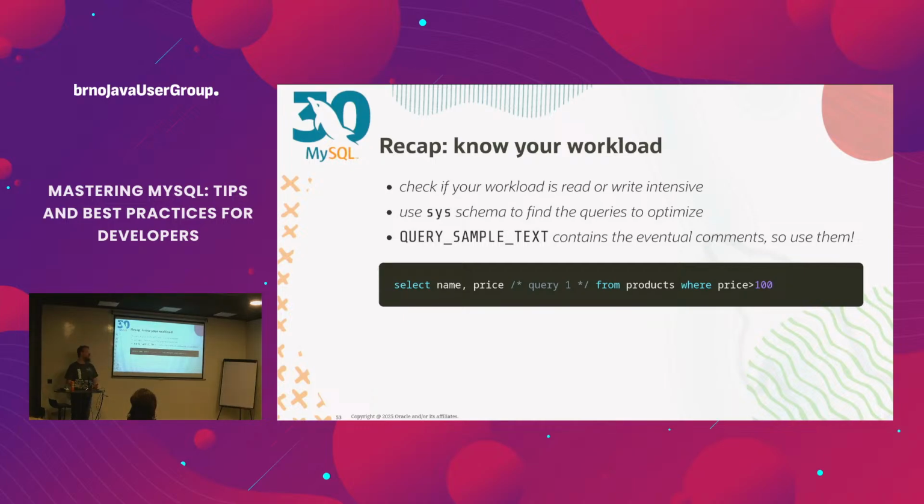The DBA contacts you and says, I have your query, this is the name of the query, and it's too slow or misses parameters, or you don't use limits and return so many rows that we don't know what to do with it. Could you check? It's much easier for you to then grab the code and find where it comes from. So I recommend using comments in your query.